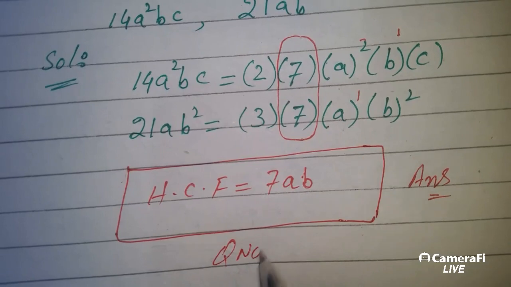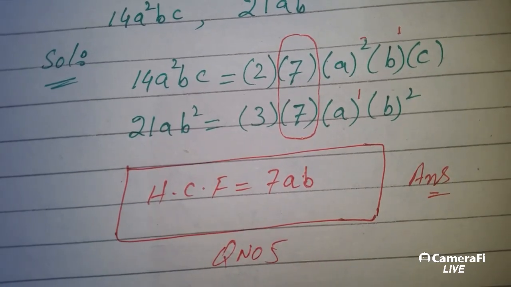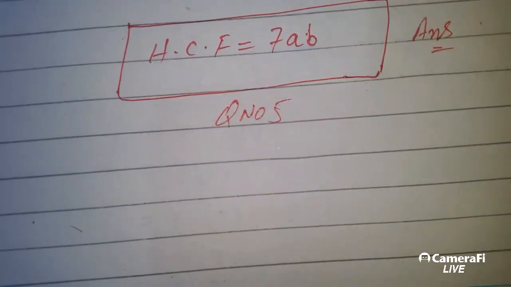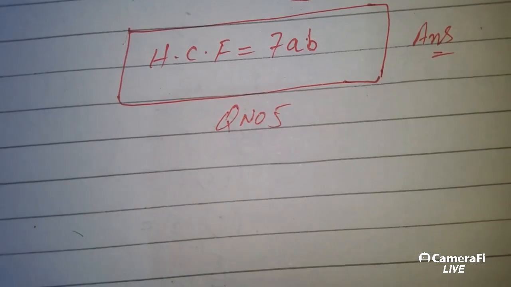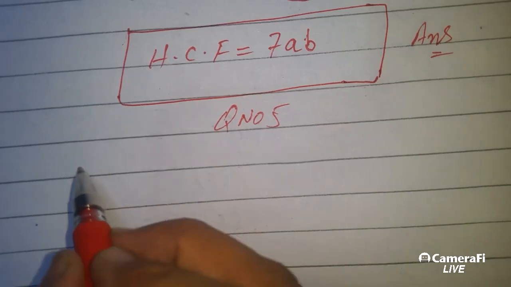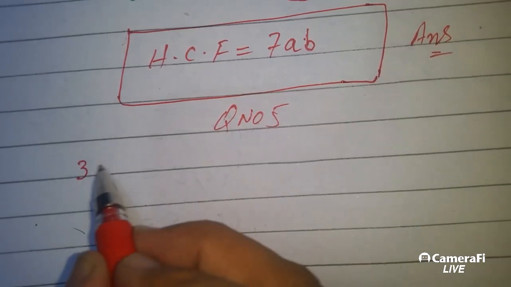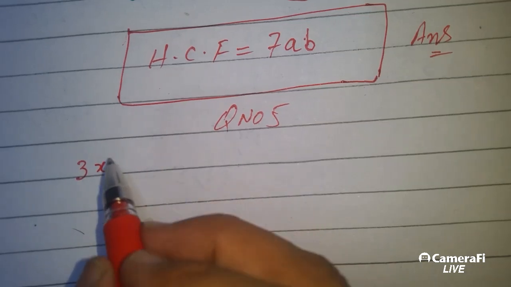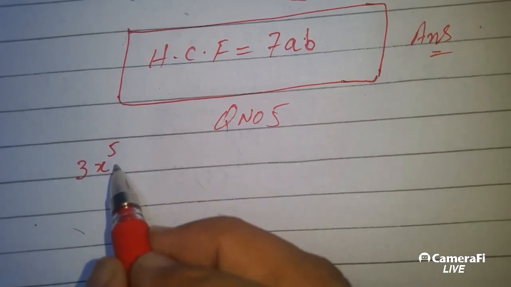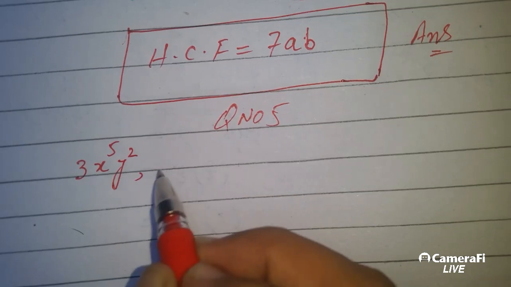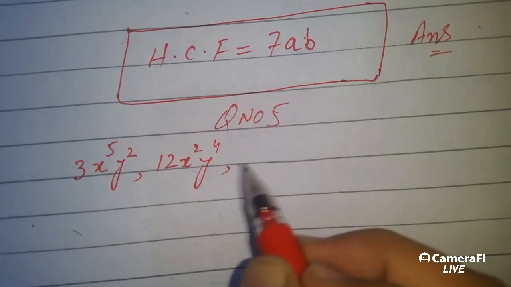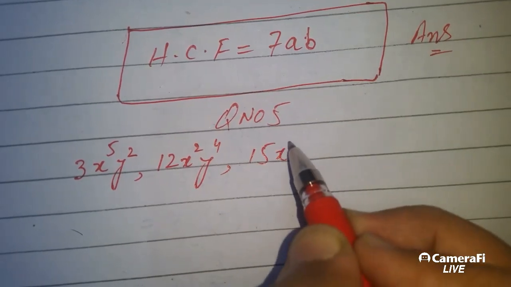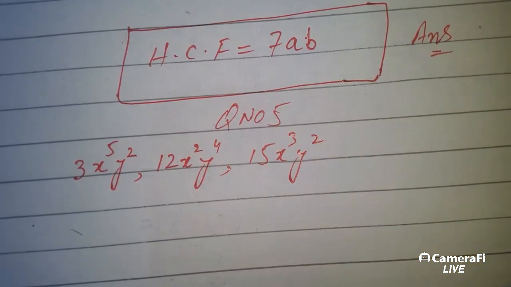Question number 5. 3x raised to power 5 y raised to power 2, 12x raised to power 2 y raised to power 4, and 15x raised to power 3 y raised to power 2.